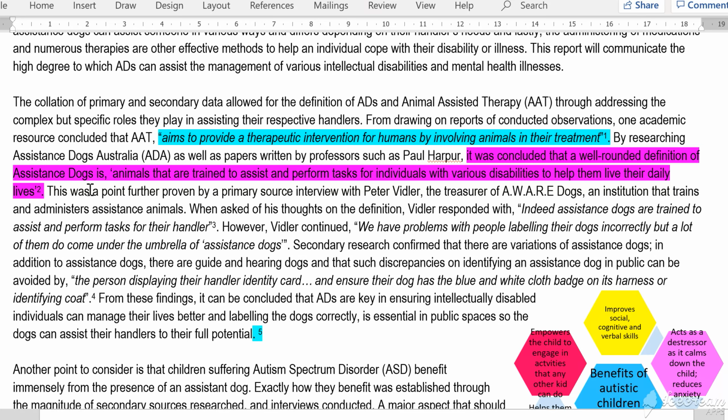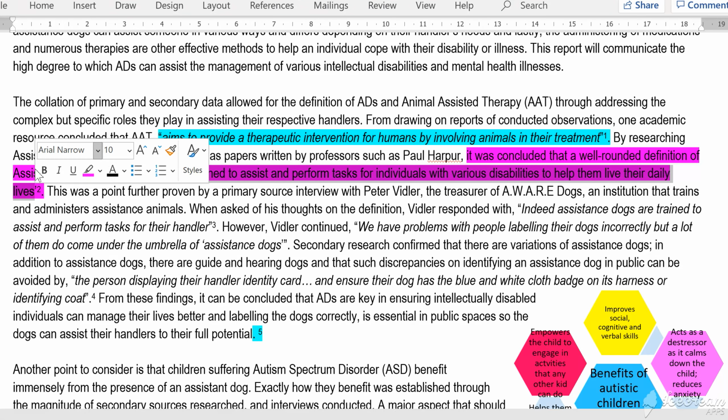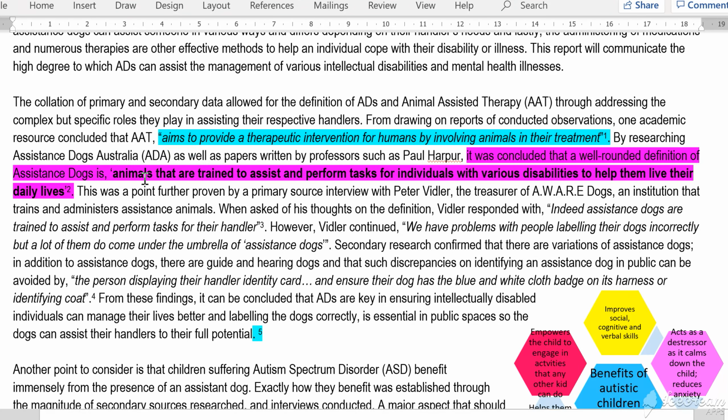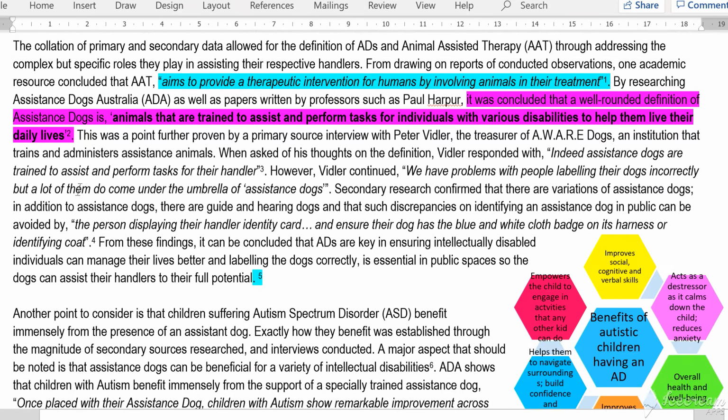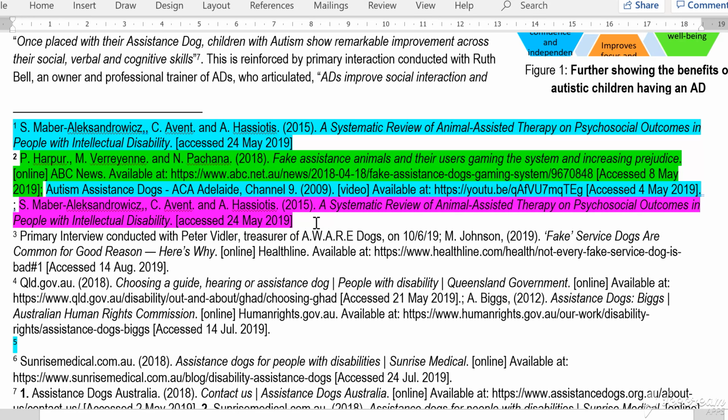This is a quote from Paul Harper, who was working with Assistance Dogs Australia. But Paul Harper is supported by other resources who have said virtually the same thing. So this student has then gone on to put the additional resources that support her thinking in that same footnote.